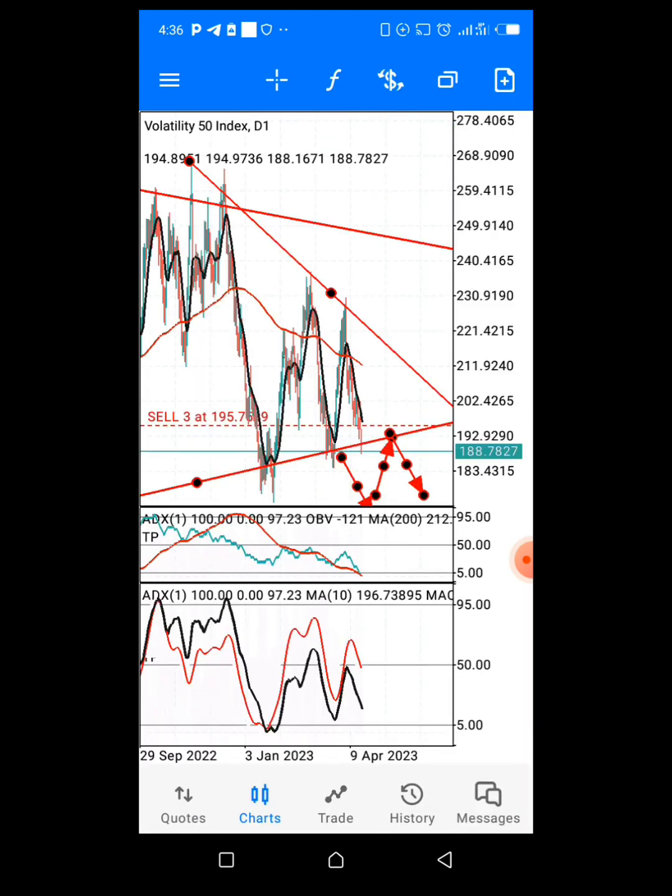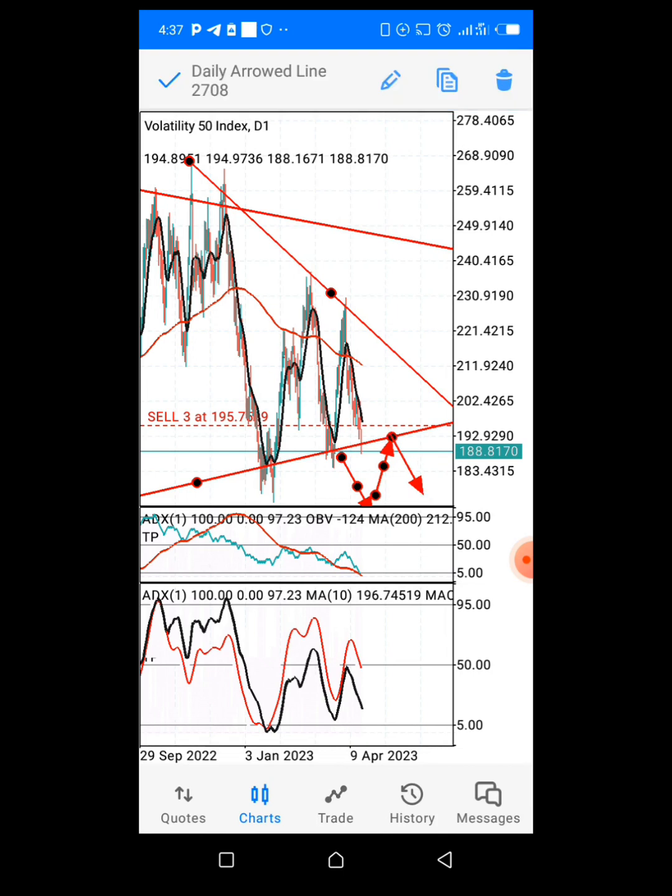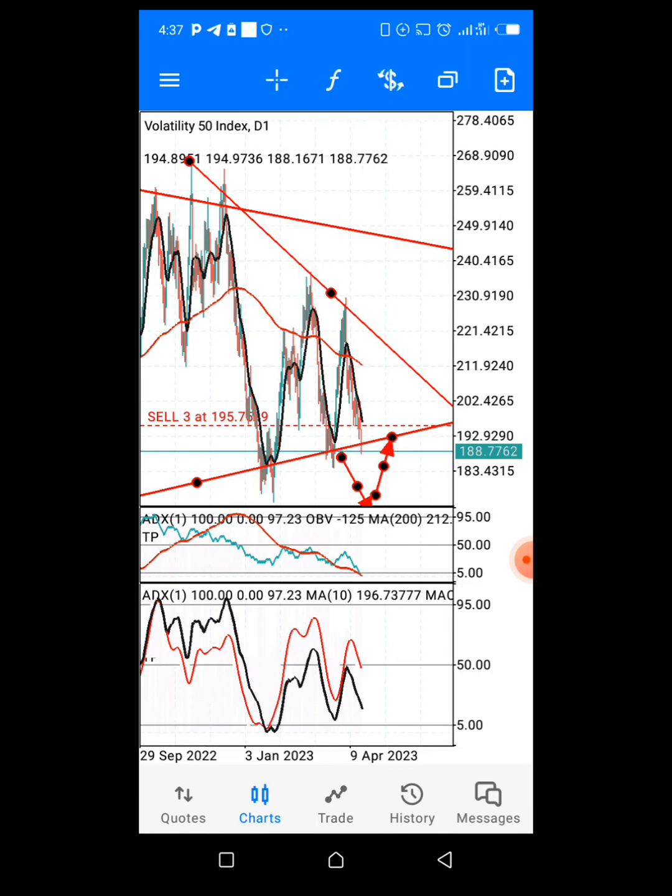Can you see what I analyzed there? It's very clear, and it will enable you to know the direction of the market.